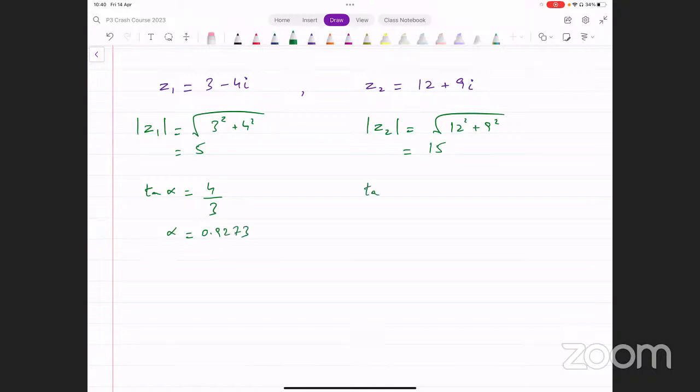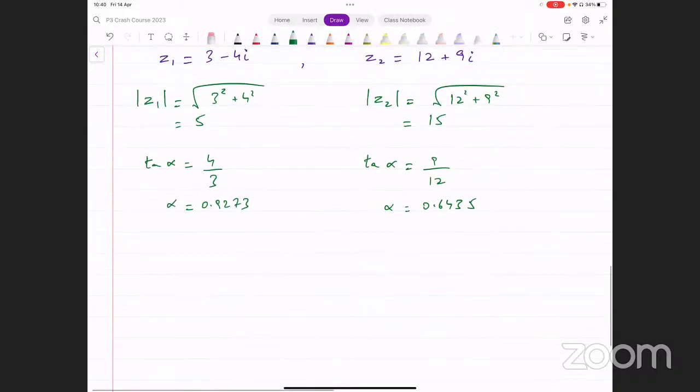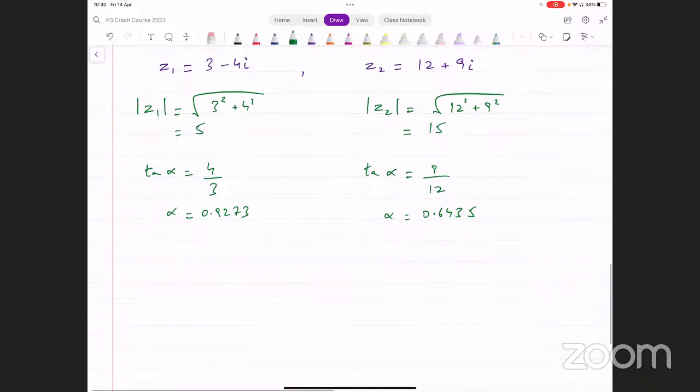We could do the same thing here, tan alpha for the other one, which is going to be 9 over 12. The basic angle for the other one turns out to be 0.6435. So what about the argument for the first complex number?